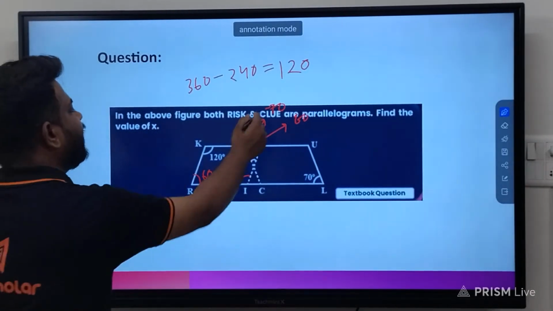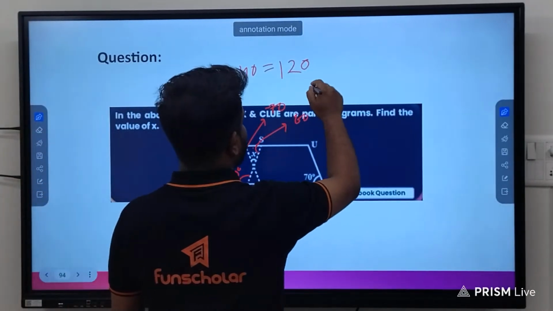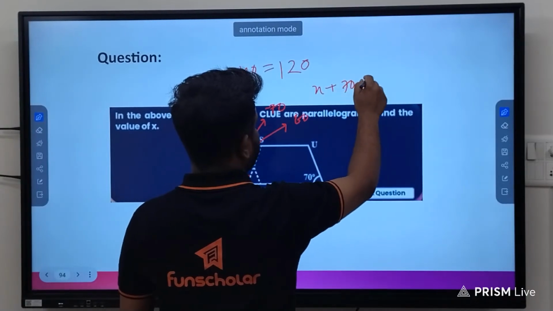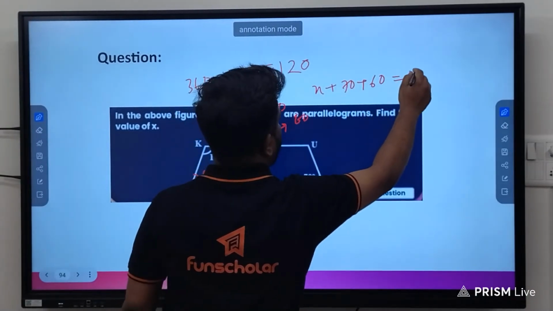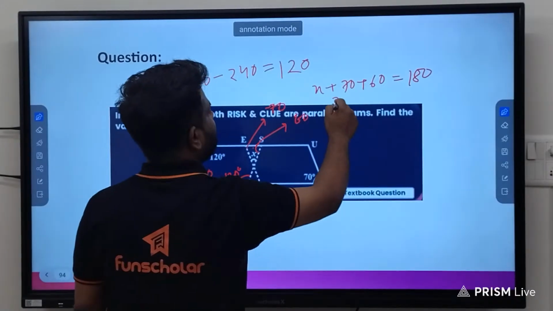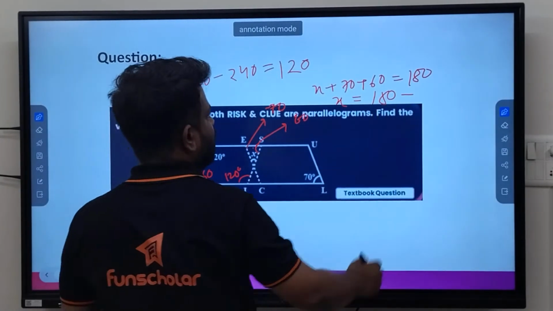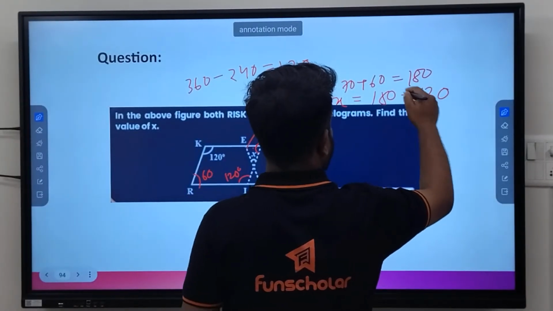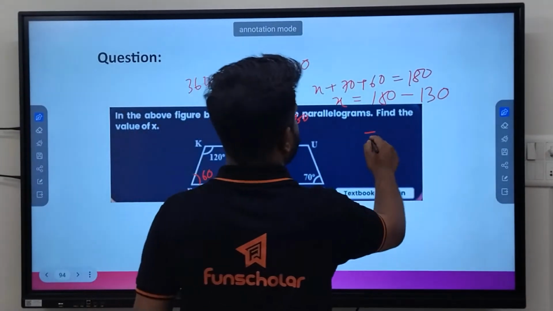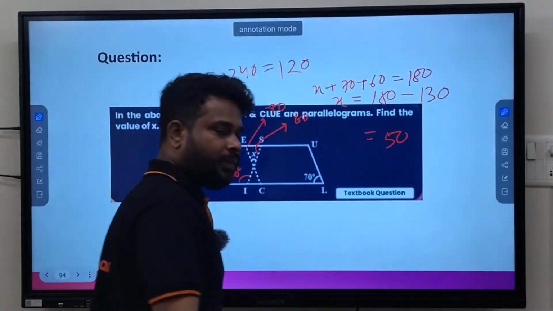Okay, so if the two are 60 and 70, then x plus 70 plus 60, we already know from the angle sum property, is 180 minus 130. Okay, so the answer will be 50, right?